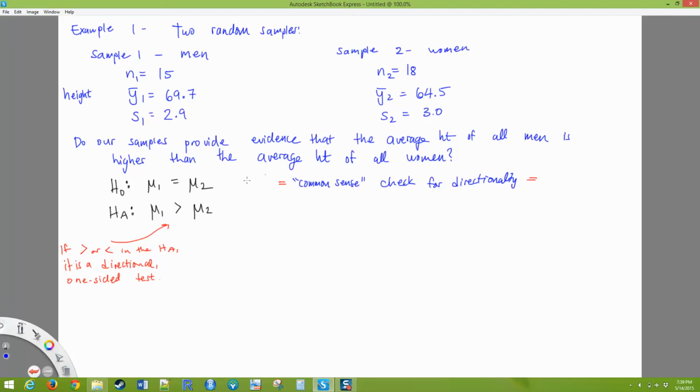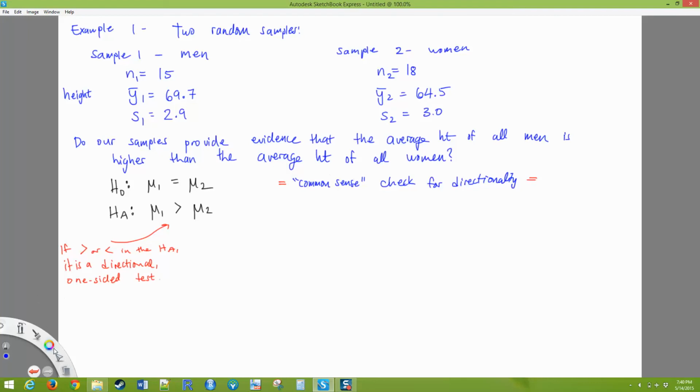In that case, my null hypothesis would still be the same, but my alternative would have mu1 less than mu2.